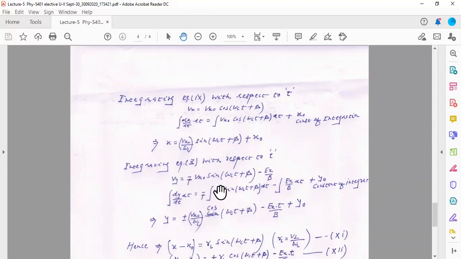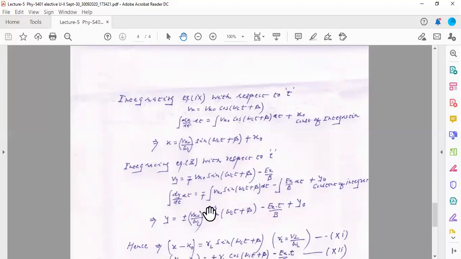Vx0 is constant, so I write Vx0 as constant, and you have to integrate the sine term with argument omega ct plus phi with respect to t, and you have the term minus Ex over B. You have to integrate with respect to t, plus the constant of integration y0, which is giving you the y component of the position of the particle at t equal to 0, where the particle is projected, right?